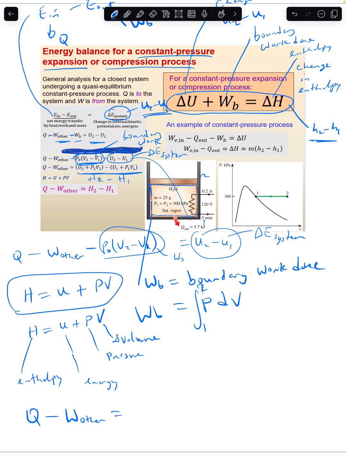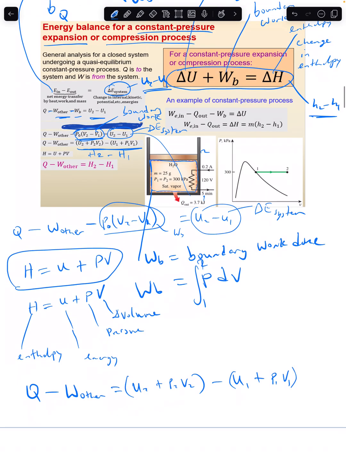It's equal to U2 plus P2 V2 minus U1 plus P1 V1. So this becomes H2 minus this becomes H1. So that is the implication.